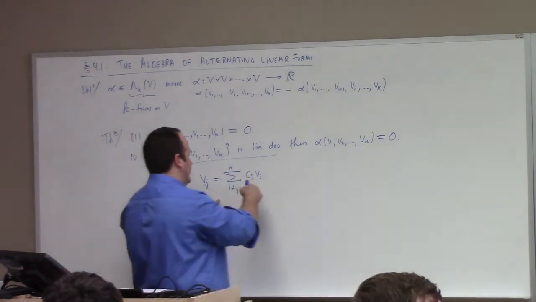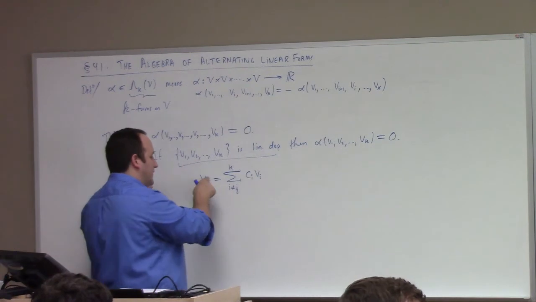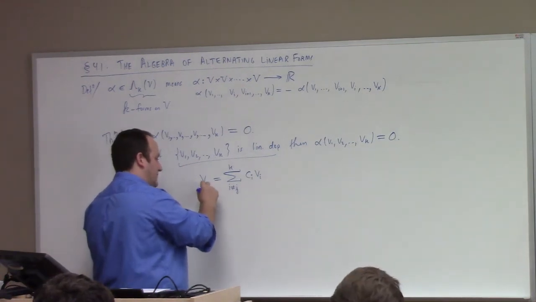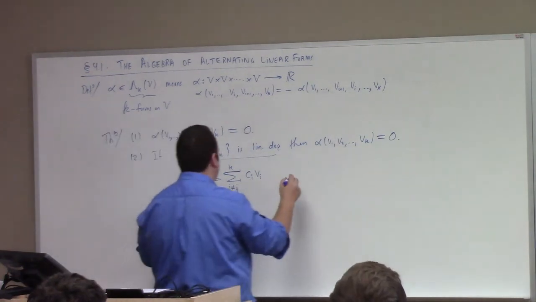But anyway, you just feed that in. So without loss of generality, just suppose it's the first one, all right? Just to keep the combinatorial annoyingness down to a minimum.